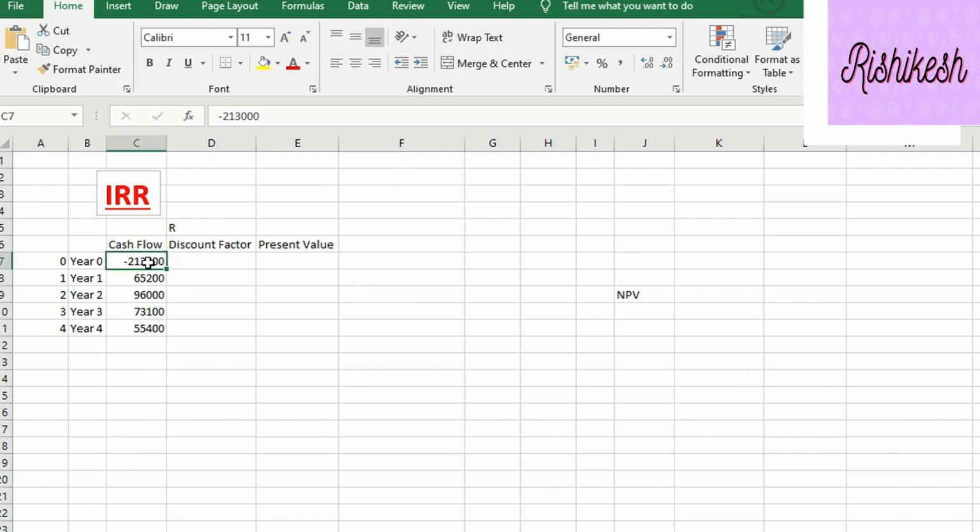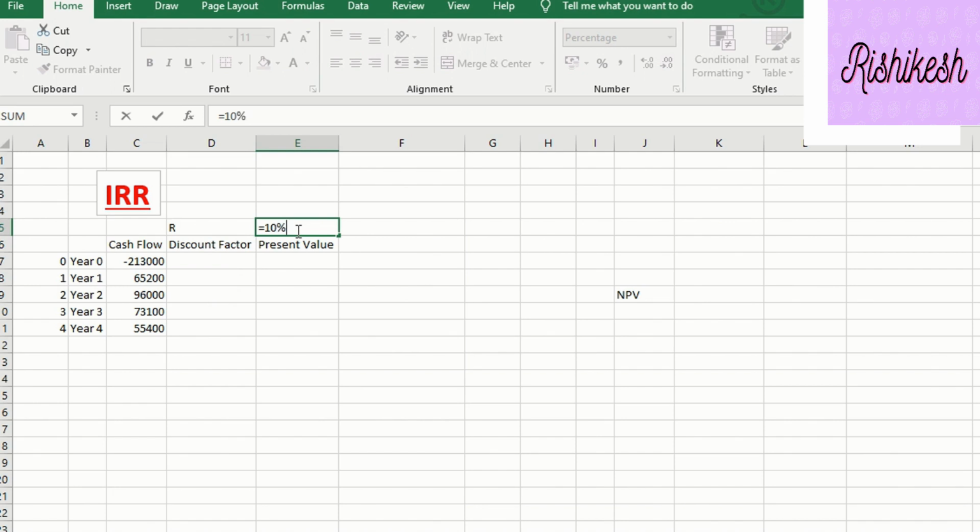Now, we have been given a set of data that in the beginning there's an investment of 2,13,000, so it is denoted with negative, and then in the consecutive years, like year 1, 2, 3, 4, we have got a cash inflow of 65,200, 96,000, 73,100, and 55,400. So these are all the cash inflows which are there. And now to calculate the NPV, we need to find out the present value, and for finding out the present value, we have to find out the discount factor. And that is why I've taken a column for r over here. So let me place this r to be 10%.